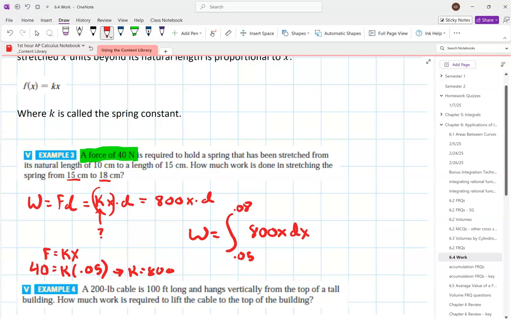And now it's just integration time, right? Remember, this is just force, and that's distance. Everybody cool? I'm going to skip grinding this out by hand, if that's okay with you guys. We're just going to worry about the setups until the integration gets tricky for by-hand integration, but this is pretty trivial.